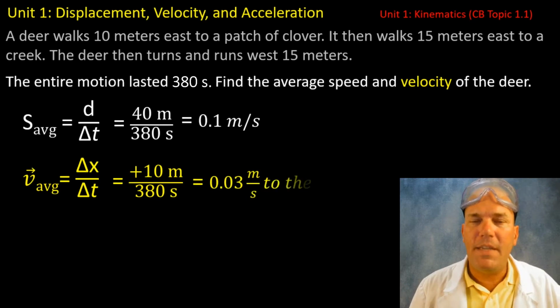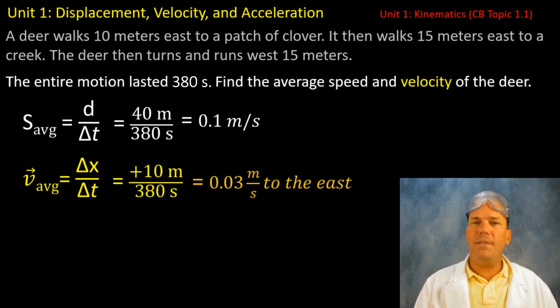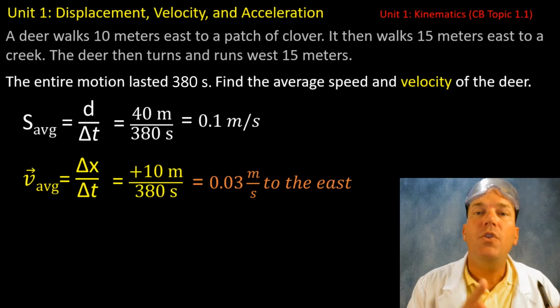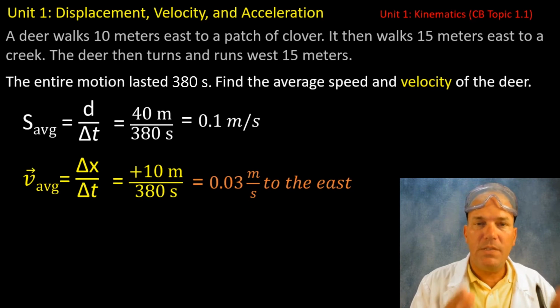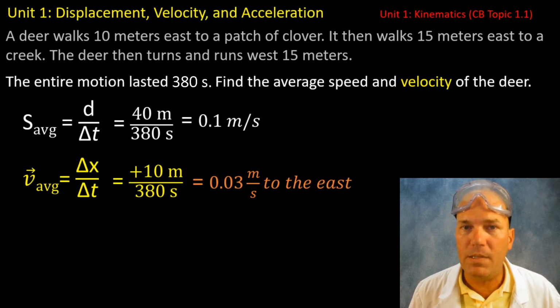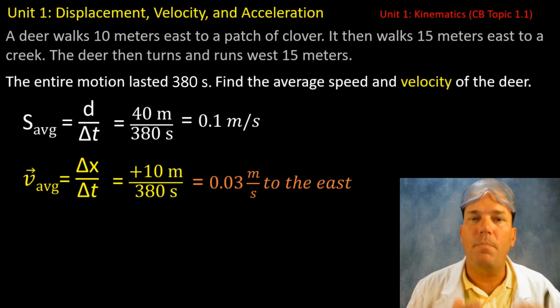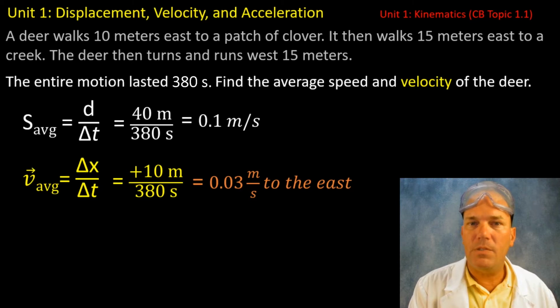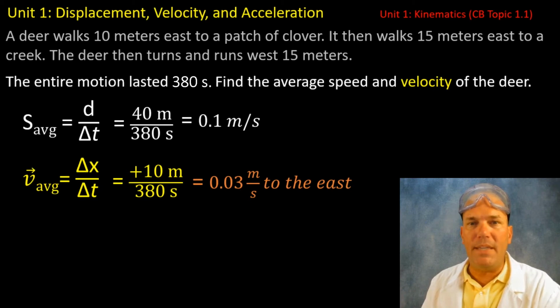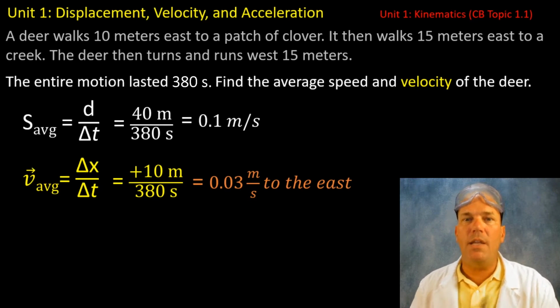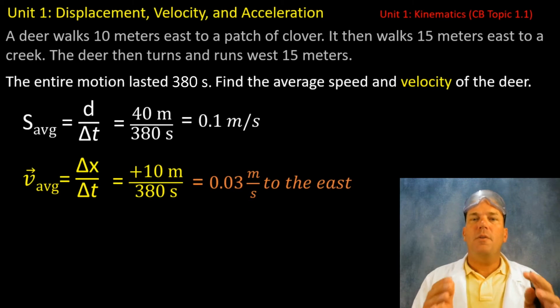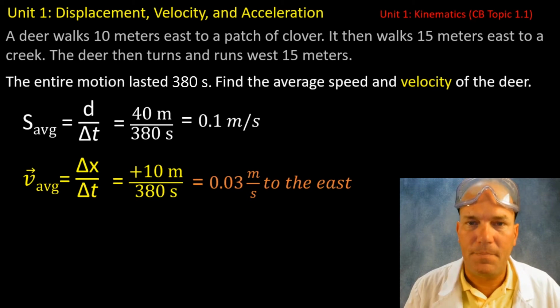We can finally calculate this to be 0.03 meters per second to the east. Notice when describing this vector quantity, we use both magnitude and direction. The magnitude being 0.03, direction being east. You could have also said positive 0.03 meters per second.